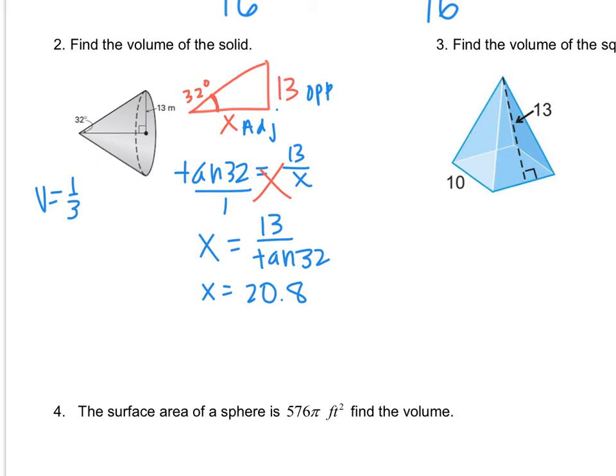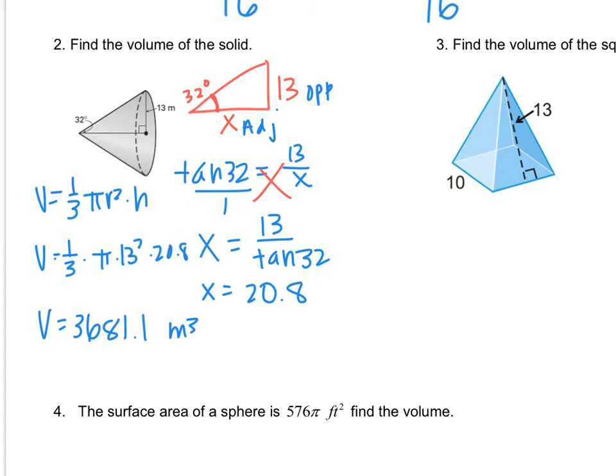So for a cone, it's just 1/3 of the cylinder formula we just used. So 1/3 times pi times radius squared times the height. Multiply those all together, and we get 3,681.1 meters cubed.